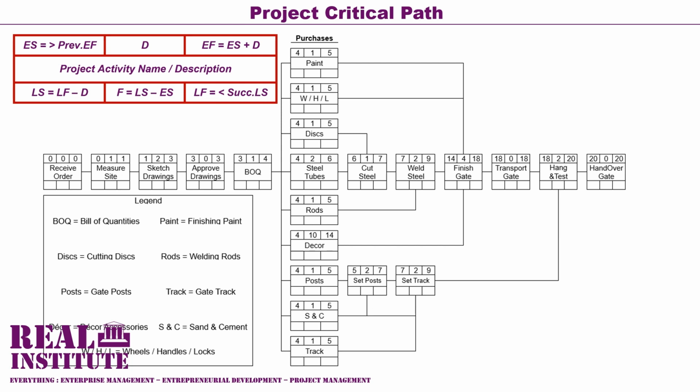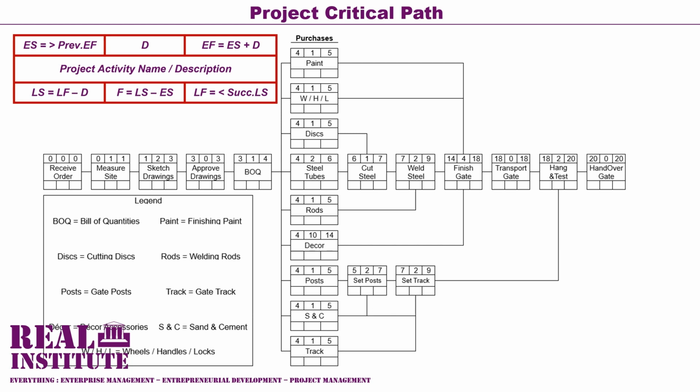Activity 4, which is the approved drawings activity, is allocated an early start value equal to its predecessor's early finish value. Its predecessor being activity 3, the sketch drawings activity, which has an early finish value of 3.